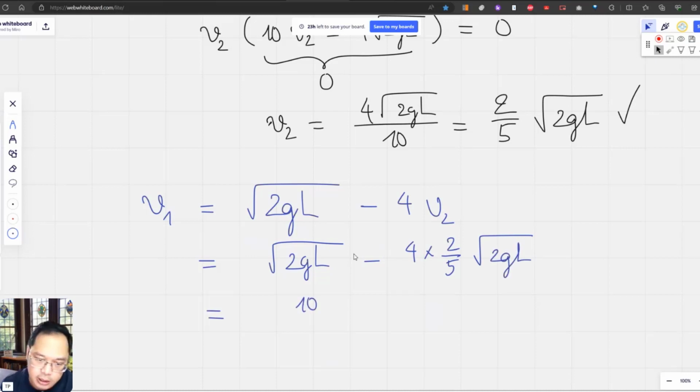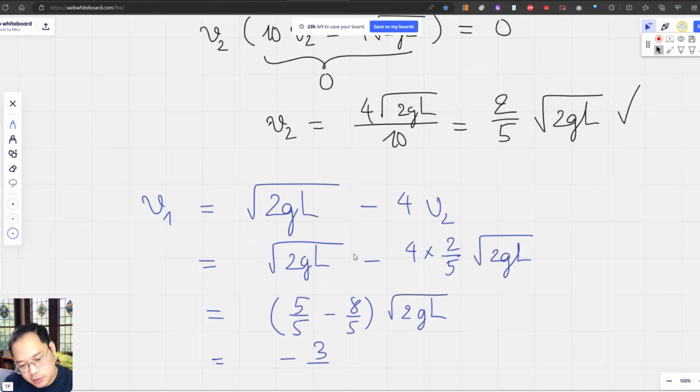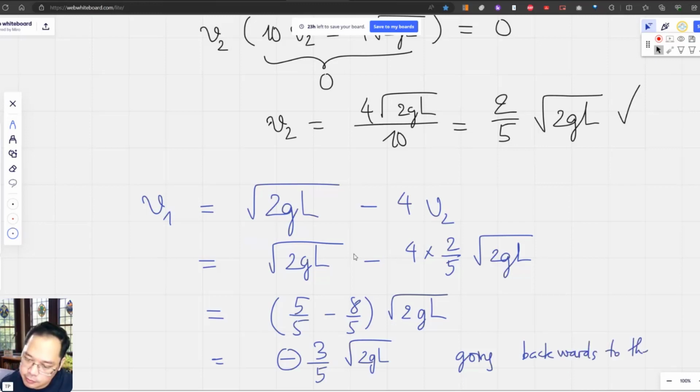That is 5 over 5 minus 8 over 5, which is negative 3 over 5 of the square root of 2gL. It's negative, going backward, going to the left. That perfectly makes sense.